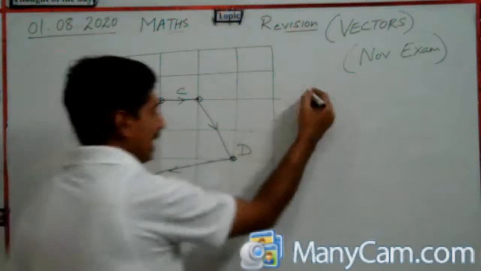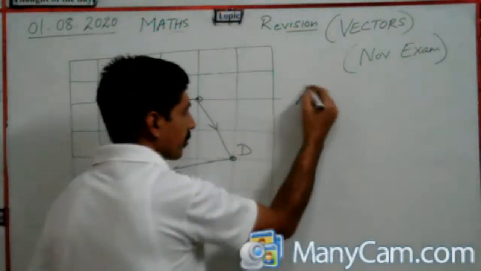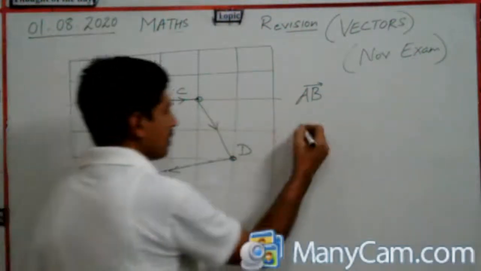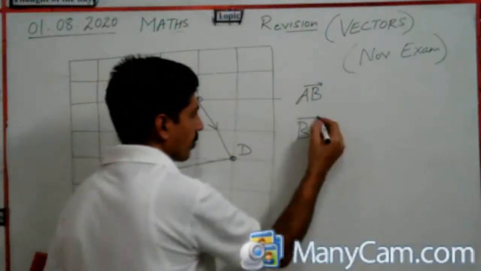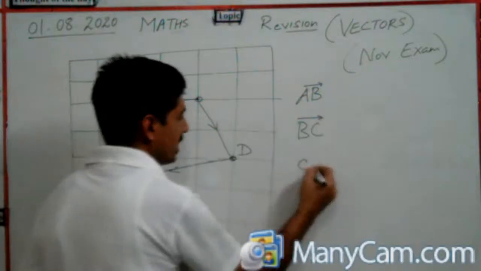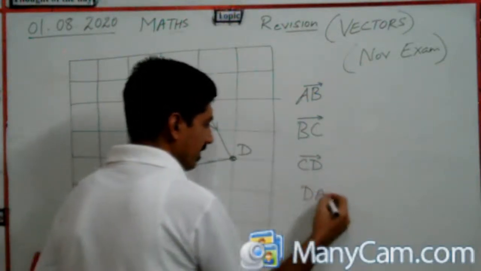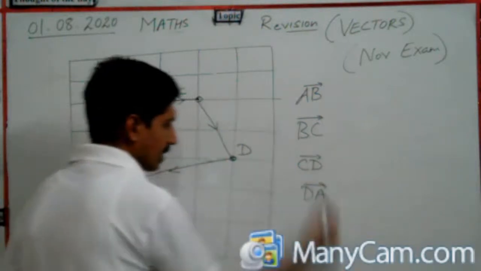One is vector AB, A to B. One is BC. One is C to D. And one is D to A, vector D to A. Right?